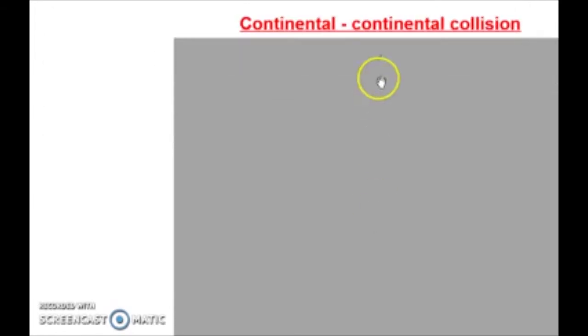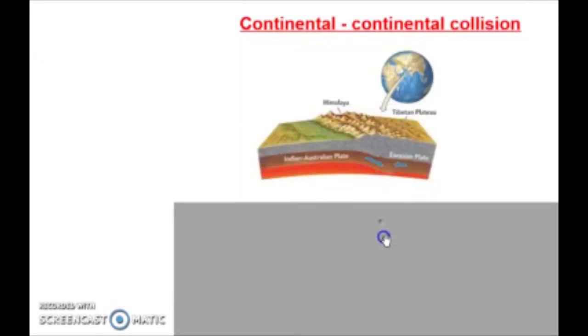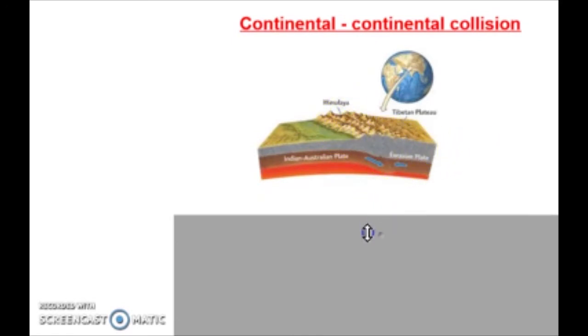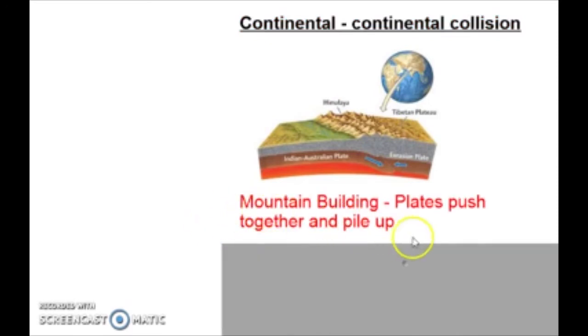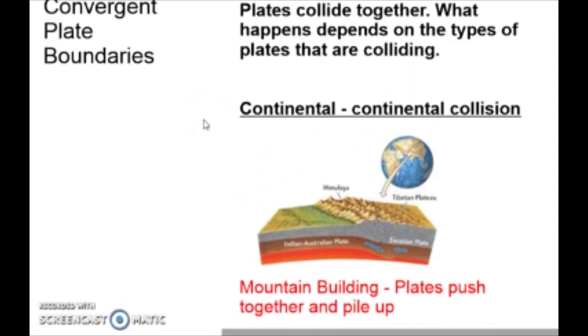Okay, and as the India-Australian plate crashes into the Eurasian plate, you have the Himalayas growing up. In essence, this is mountain building. So plates push together and they pile up. So you have a continental-continental collision. This is convergent plate boundaries.